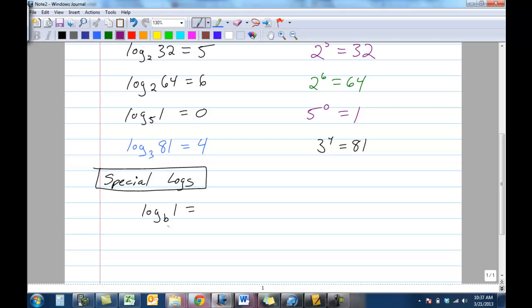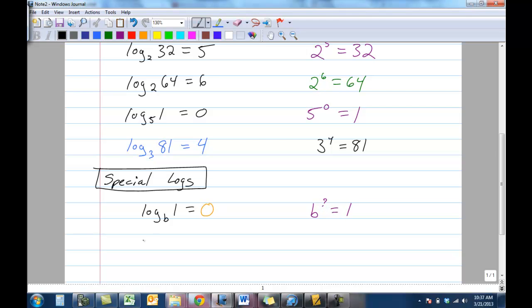If we were to rewrite this, this would be b to the what power equals 1. So what do you think? B to the what power is equal to 1? Well, log base b of 1 is equal to 0. Think about it. B to the 0 power is indeed 1, right?